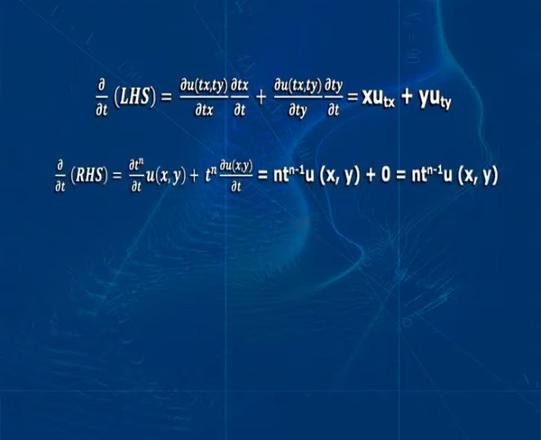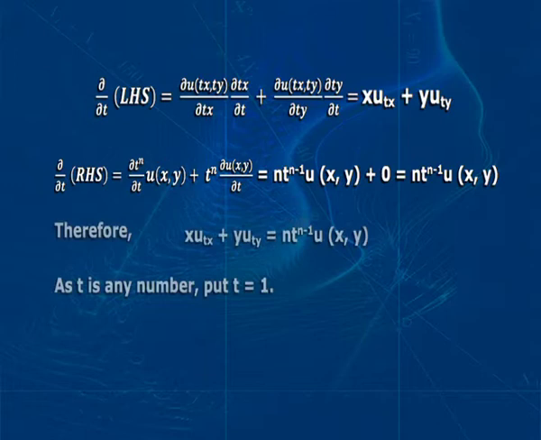∂/∂t of the right hand side is equal to ∂(t^n)/∂t times u(x, y) plus t^n times ∂u(x, y)/∂t, which is equal to n t^(n−1) u(x, y) + 0, which is equal to n t^(n−1) u(x, y). Therefore, x ux(tx, ty) + y uy(tx, ty) = n t^(n−1) u(x, y).